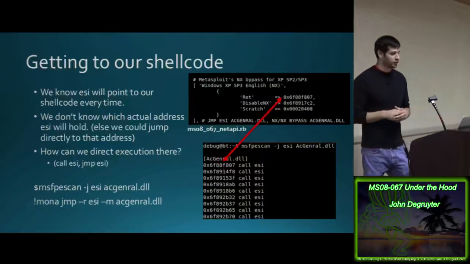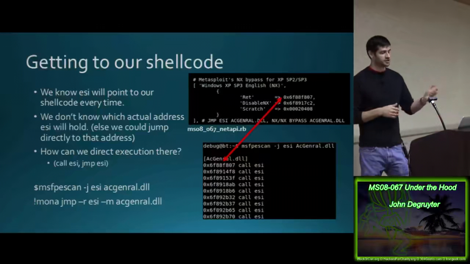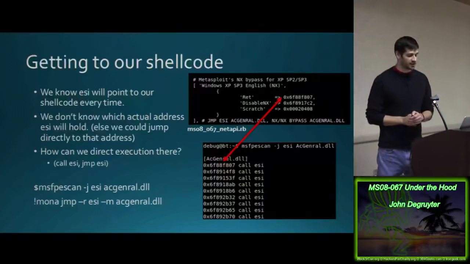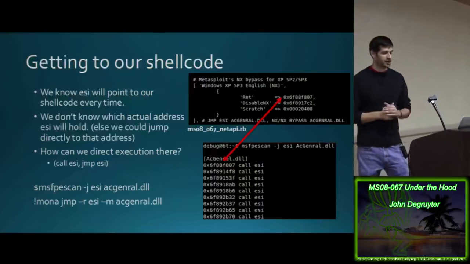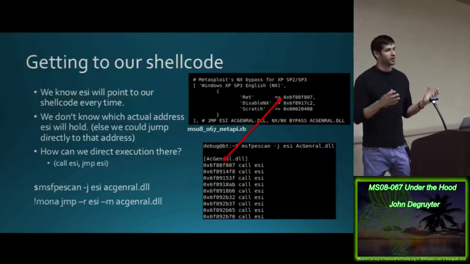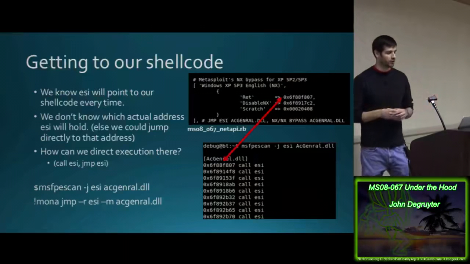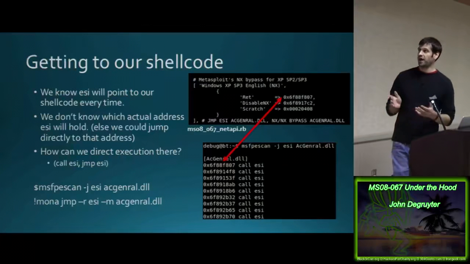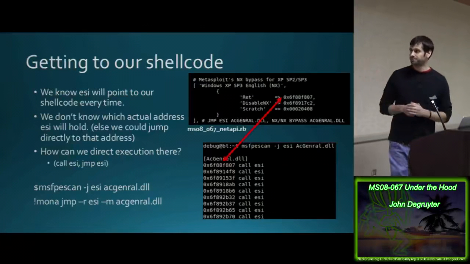And you can find instances of call ESI or jump ESI with tools like MSF PEScan, -J ESI, and then the module name, acgeneral.dll. So that's going to show us multiple places, if there are any, for us to get to ESI. And you see this tool was run, and the first call ESI, the address for that is what was used for ret.